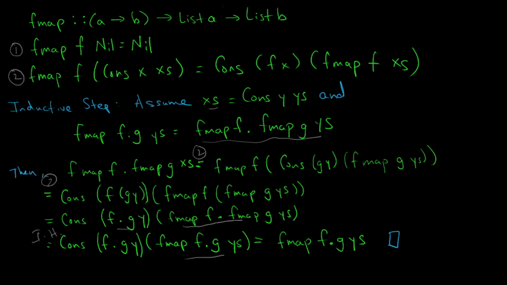We have f composed with g in both places. Well, this is just the definition, line 2 of the definition of fmap. So we get fmap of f composed with g applied to x's. So that proves the second functor law. So we've shown that our list definition and the definition of fmap is correct with respect to the functor laws.